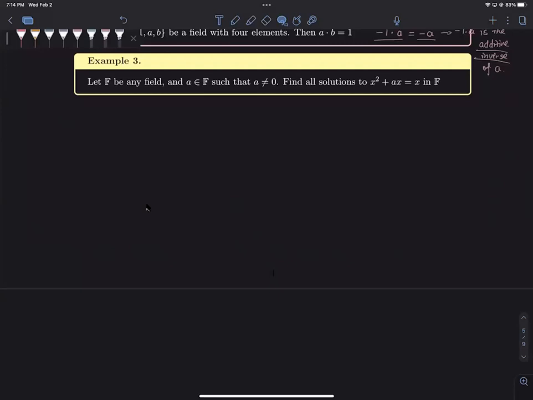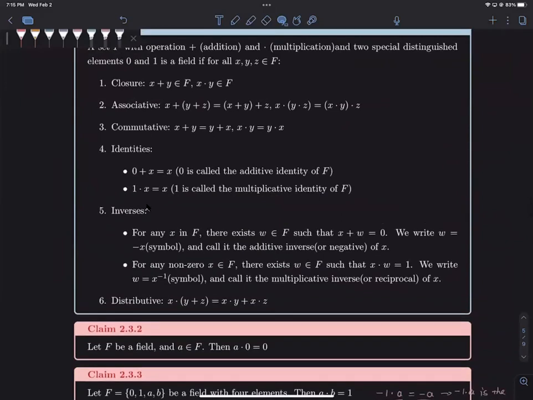Could we do x times x plus a? Well, sure. If you want to do that, sure. Why not? It's distribution, right? Remember this axiom? Where is it? Here.